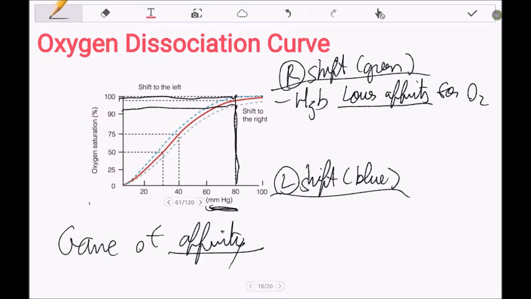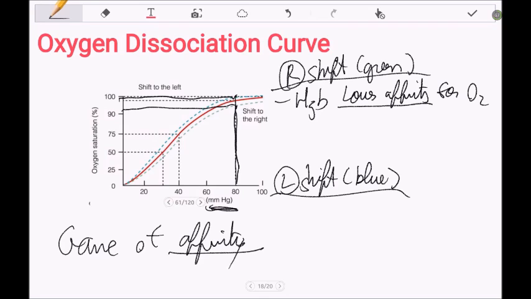Because oxygen is bound to hemoglobin for transport around the body. However, the cells themselves cannot use the oxygen that is bound to the hemoglobin molecule. The hemoglobin molecule has to unload it, has to give that oxygen out to the cells, and that's when the cells are able to use it.